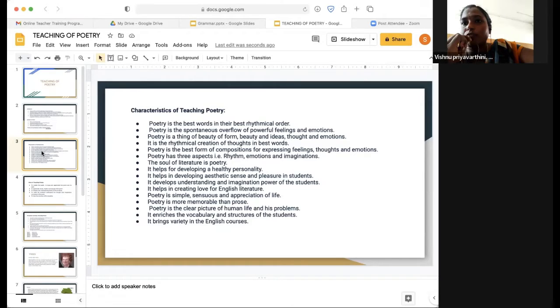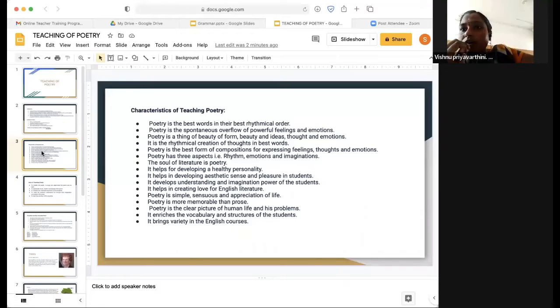It is the rhythmical creative form of composing feelings, thoughts, and emotions. Poetry has three aspects, that is rhythm, emotions, and imagination. The soul of literature is poetry. It helps in developing a healthy personality. It helps in developing aesthetic sense and pleasure in students. It develops understanding and imagination power of the students.